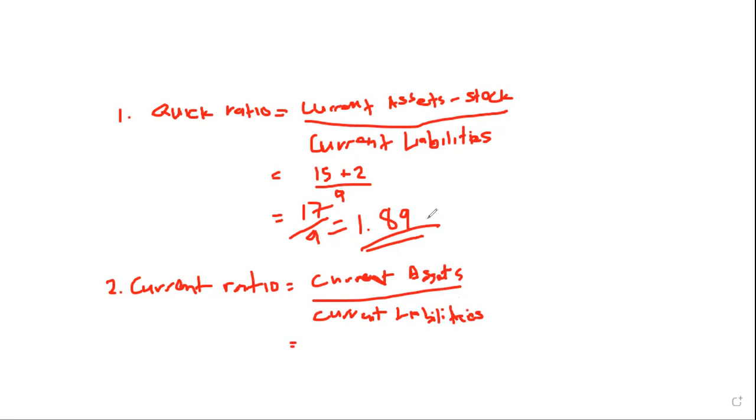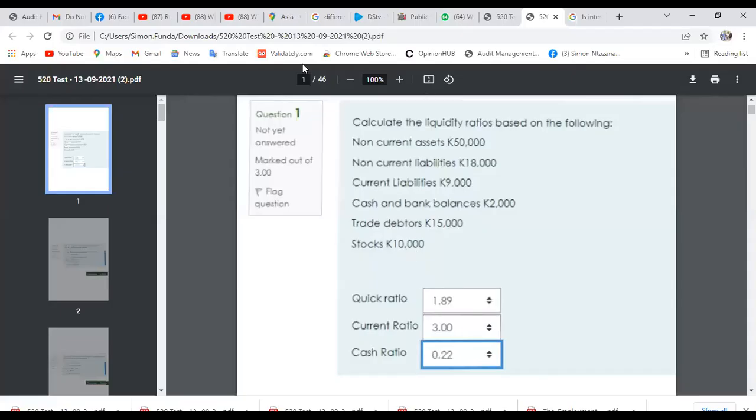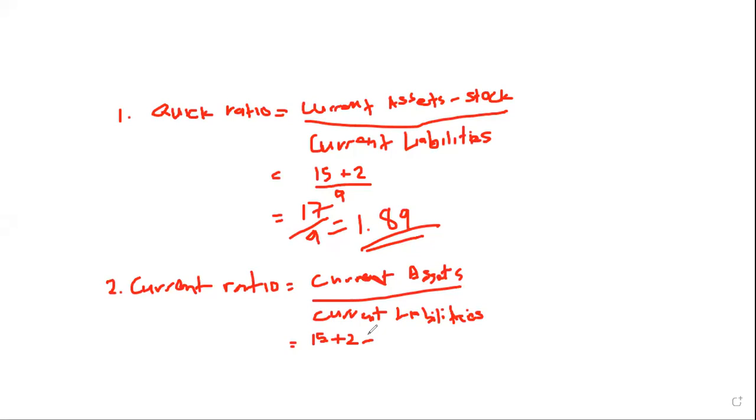So current assets this time, we need to add 15 plus 2, which was the cash, plus stock. So stock was how much? 10. So plus 10.